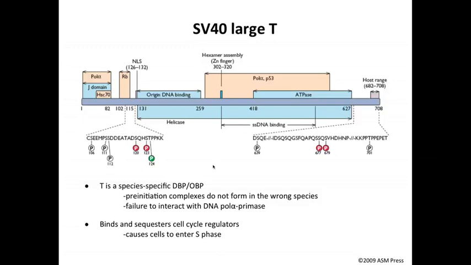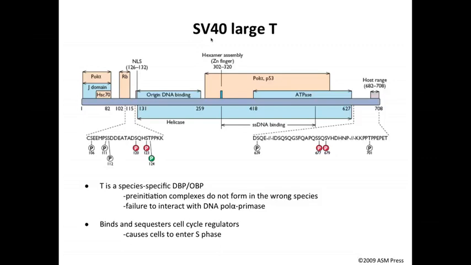This protein is also species specific. SV40 is a virus that infects monkeys, as you could gather from the name. It does not replicate its genome well in other species, and that is because the T protein doesn't interact with the Pol alpha primase of other species. So T is controlling whether DNA replication occurs in other species.